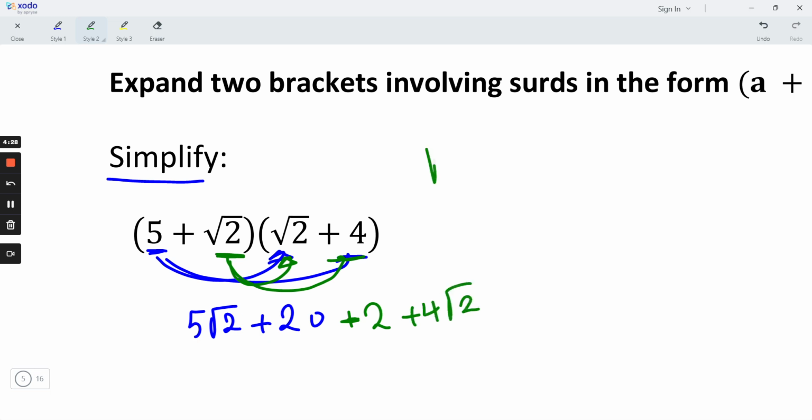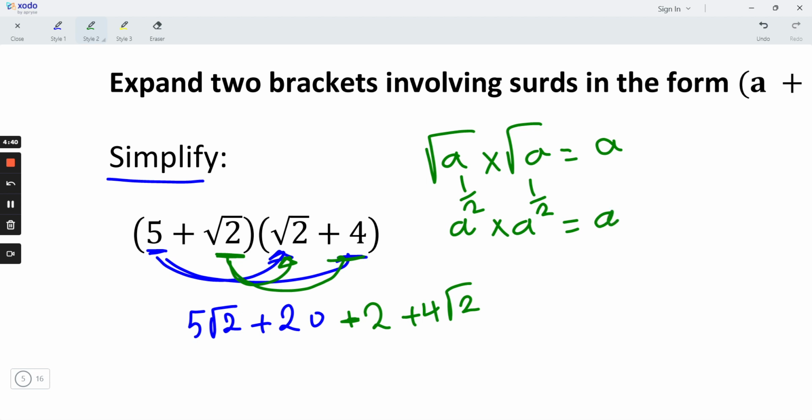Don't forget that the square root of a times the square root of a gives us a, because this is a to the power of half times a to the power of half, which is a to the power of 1 over 2 plus 1 over 2, that means a to the power of 1, which is equal to a. So here, once we multiplied the square root of 2 times the square root of 2, we got 2.